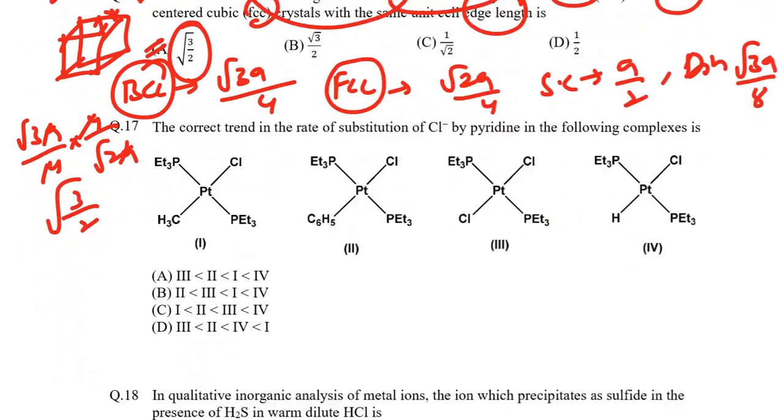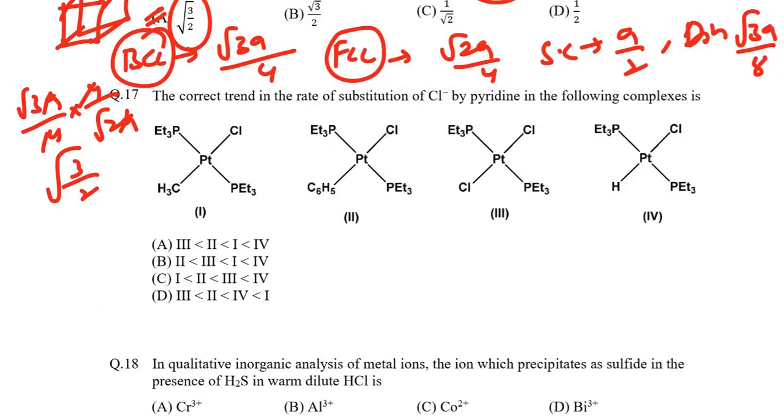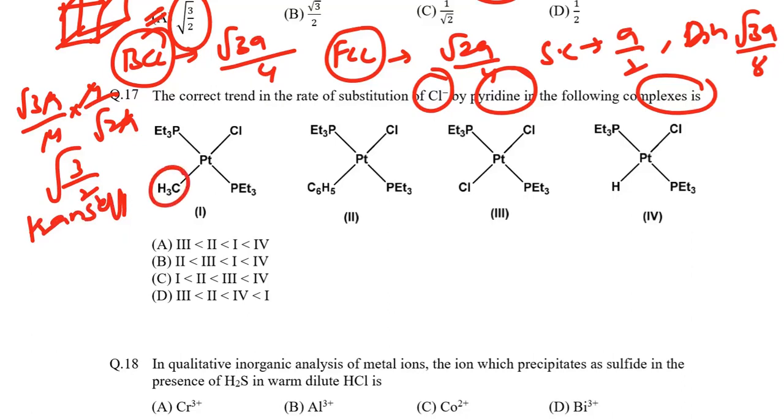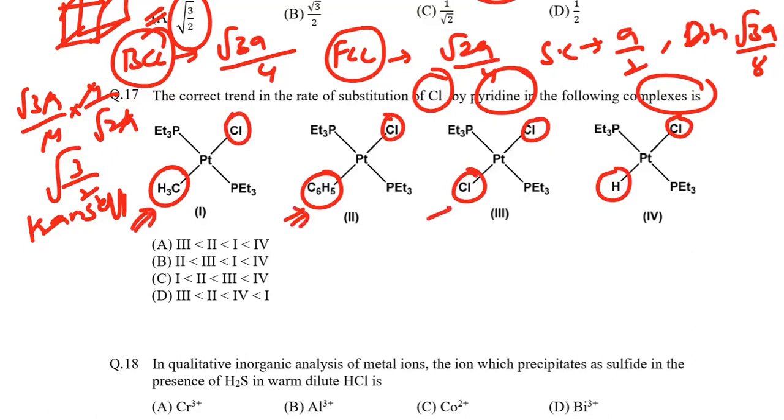That's it. And next question: the correct trend in the rate of substitution of Cl minus by pyridine in the following complex is. So we have been given a trans effect problem. Look at these ligands: chlorine is the leaving group, and we need to look at the trans effect of these ligands.